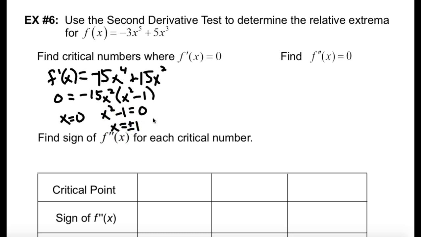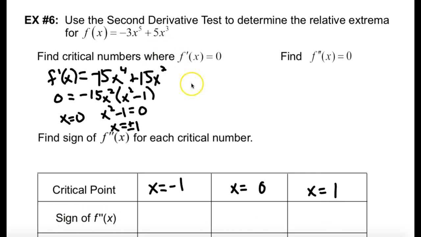So we've got 3 critical numbers. Now, instead of putting these values on a sign chart, like we have done to find our mins and maxes, what I can do is instead find the second derivative at each of these values, okay? So my critical points occur at x equals negative 1, x equals 0, and x equals positive 1.